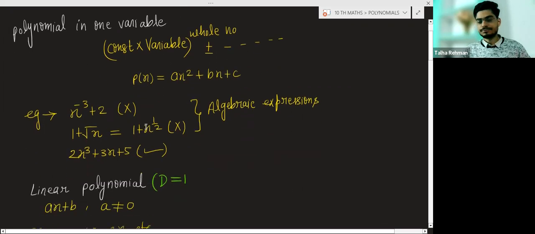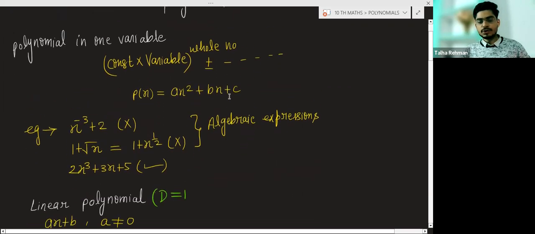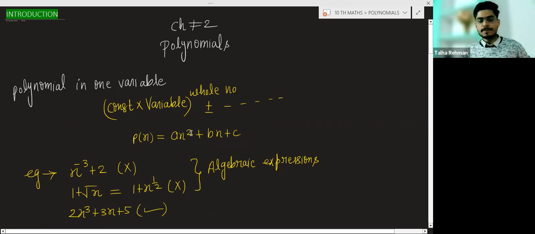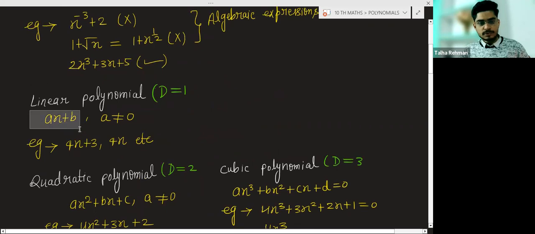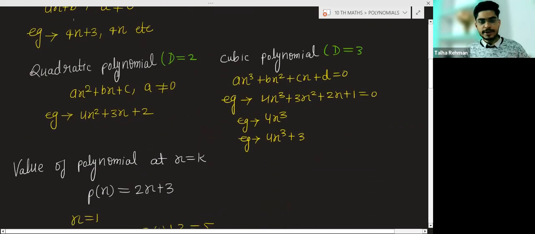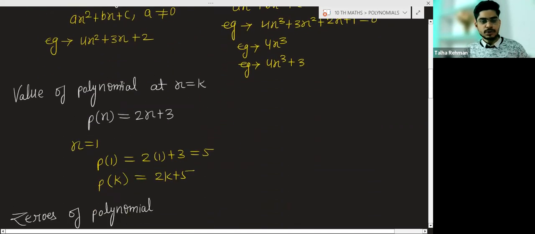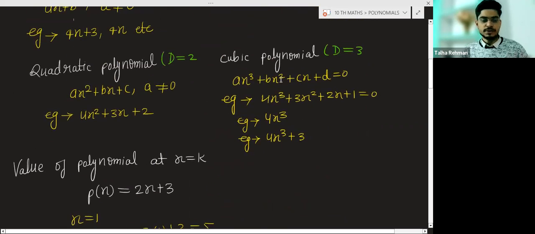I told you that these powers should be whole numbers. Linear polynomial degree 1, quadratic polynomial degree 2, cubic polynomial degree 3.